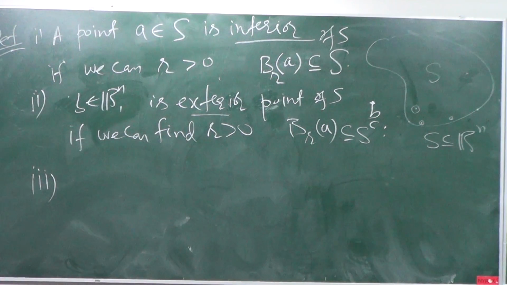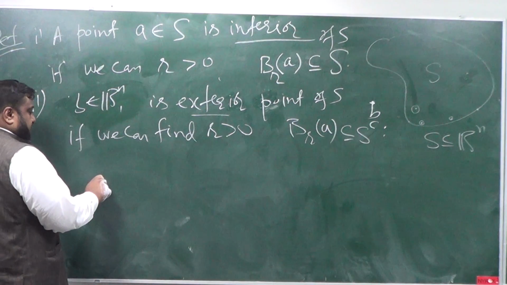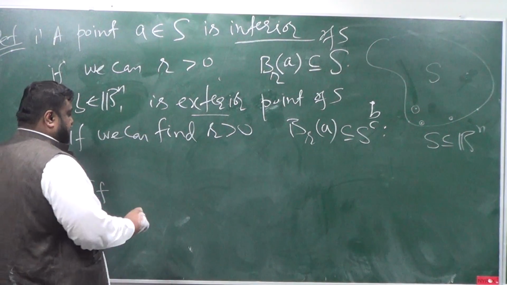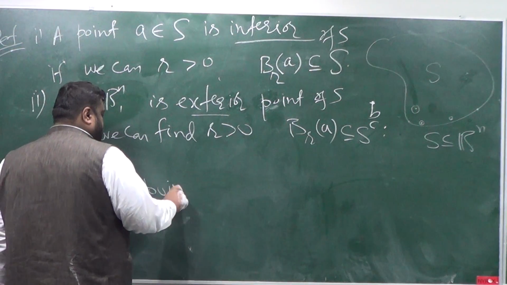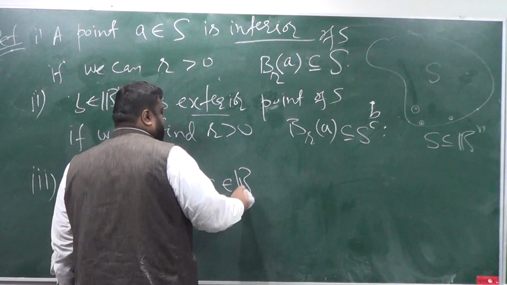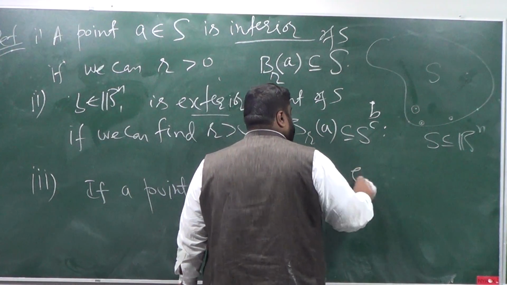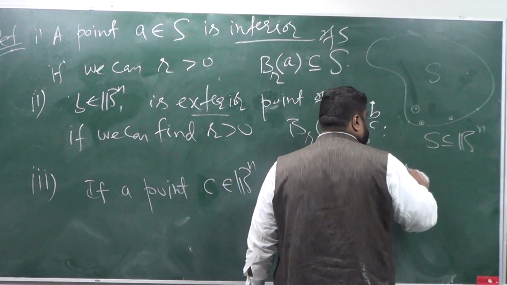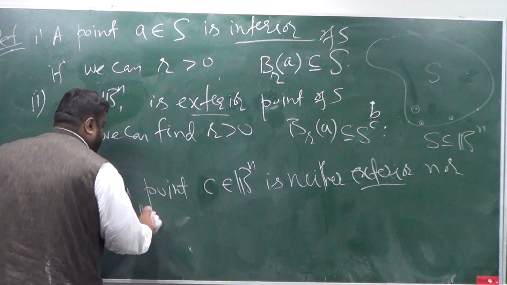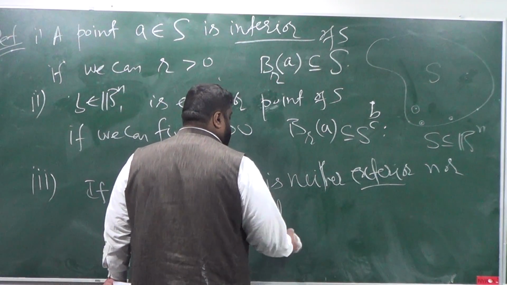And the third thing is, if a point C, for example, in Rn, is neither exterior nor interior, it's called a boundary point actually.